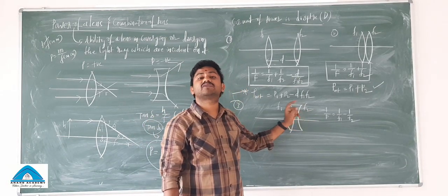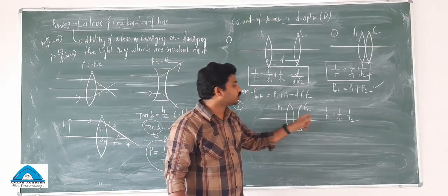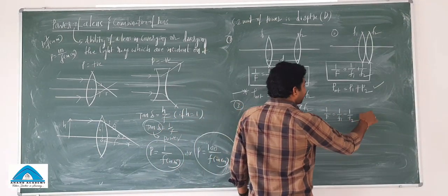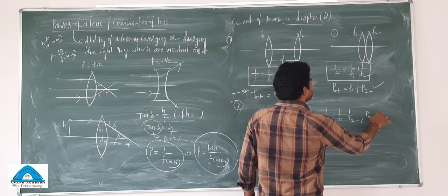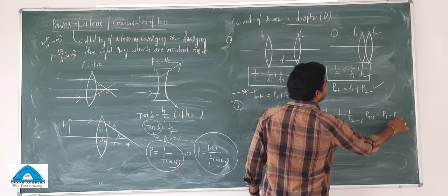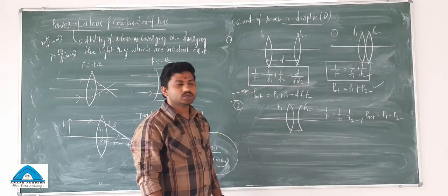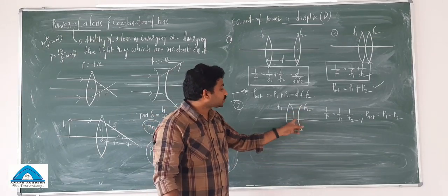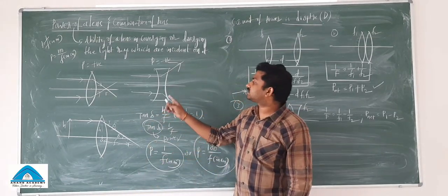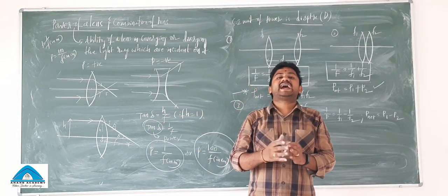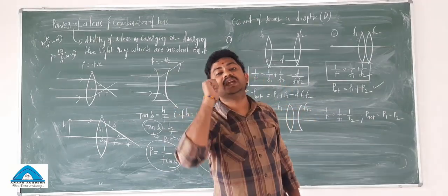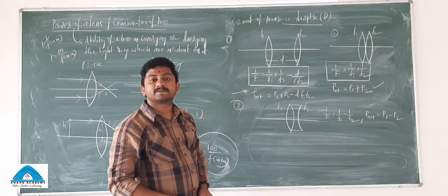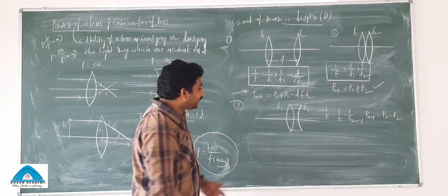The focal length is negative for the concave lens, so you must apply the sign convention here. Now net power is equal to P1 minus P2. For powers also you have to apply the sign convention. If the lens is diverging in nature, the power will be negative in sign convention. So this is how you can solve some numericals also.